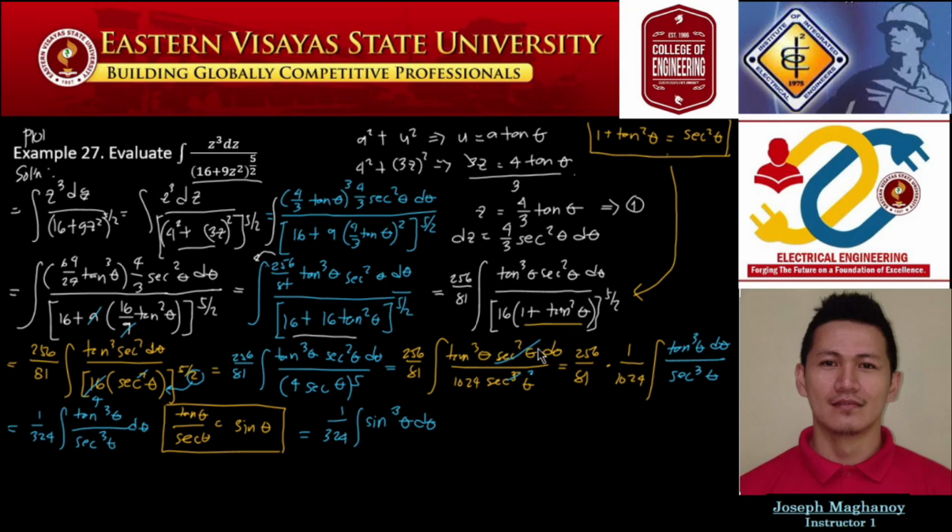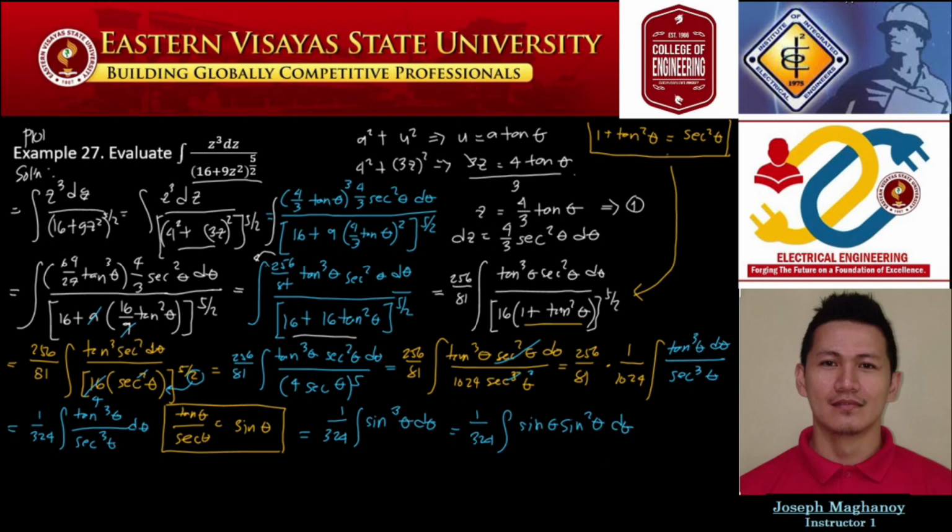So can we integrate this based on our trigonometric substitution before? We need to have a power of 1 for our sine. So we manipulate our power. We break this 3 to 1 over 324 integral of sine theta and sine squared theta. So we can easily use another identity for our sine squared theta.